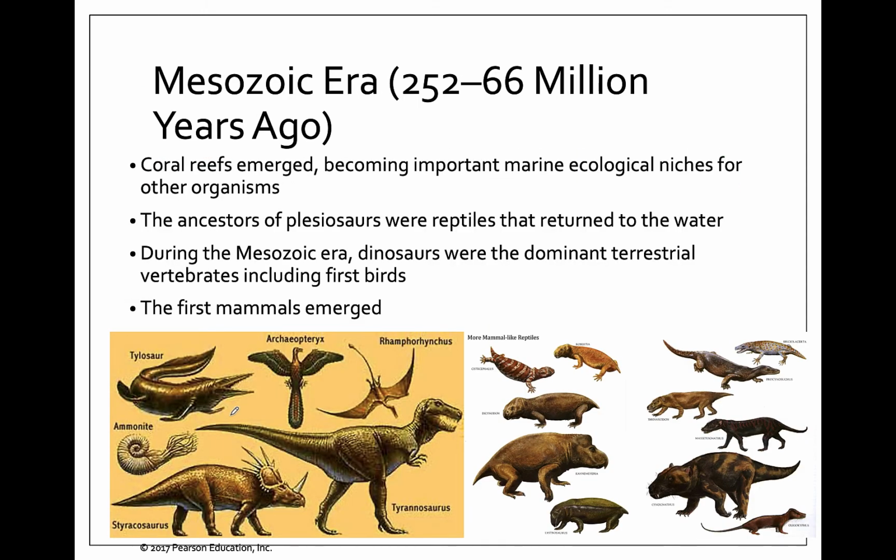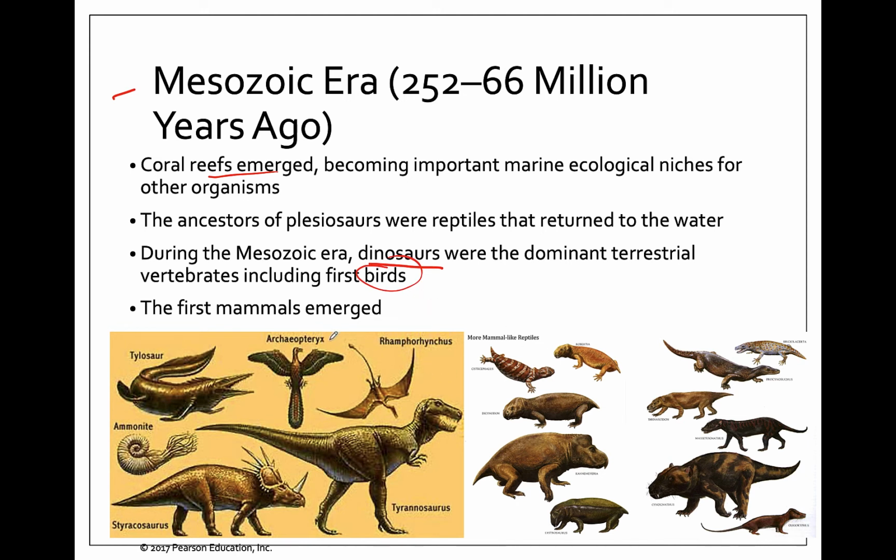The next major phase in animal life on Earth, now we're seeing majorly terrestrial animals. So again, the Mesozoic, so we're skipping ahead several hundred million years. And we start to see the emergence of coral reefs. During this era, the terrestrial vertebrates were mostly dinosaurs, and that includes birds.